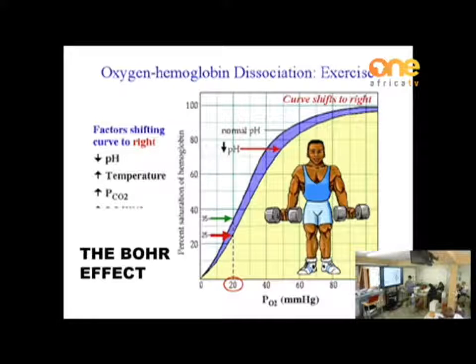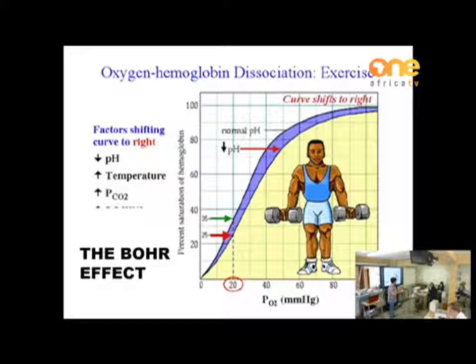That means the moment when carbon dioxide increases in the tissue, hemoglobin does not like oxygen that much anymore. It releases the oxygen. And isn't that a wonderful creation that happened?